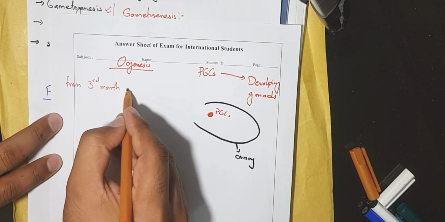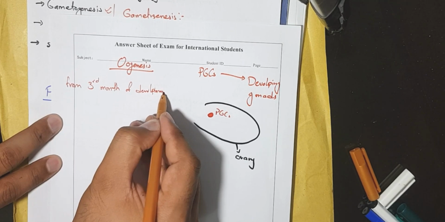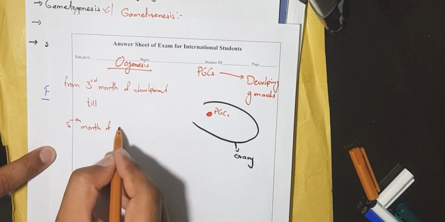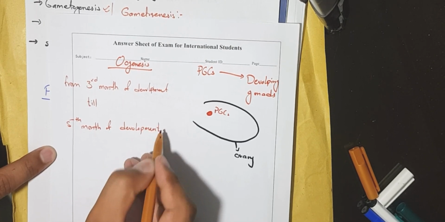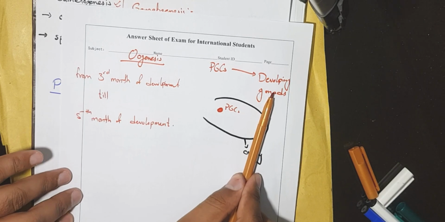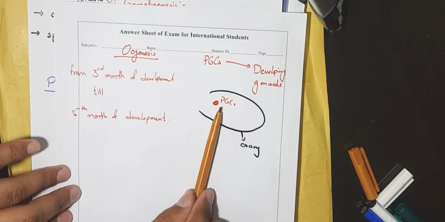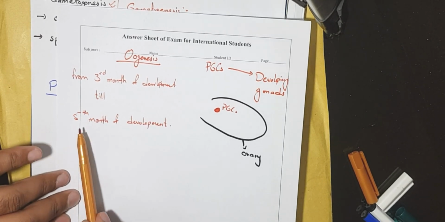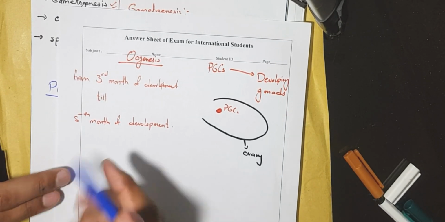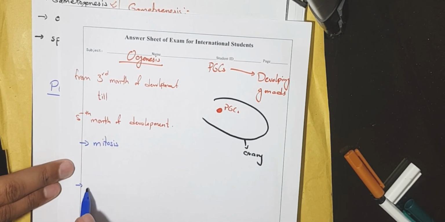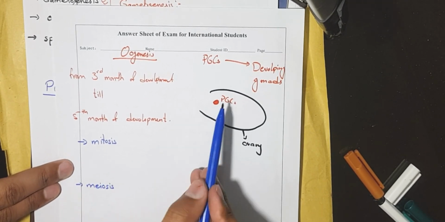From the 3rd month of development until the 5th month, only 2 processes will happen with these primordial germ cells, and those 2 processes will be mitosis and meiosis. So these primordial germ cells inside the ovary are going through only 2 processes, mitosis and meiosis.